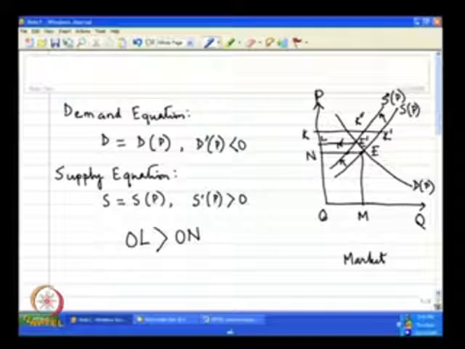So this is the starting point, that we are going to use a lot of models. The models do not describe reality in its details. They just try to capture the essence of the situation, and what is the essence in a particular situation will be determined by what we want to capture, what is our main focus in that situation.